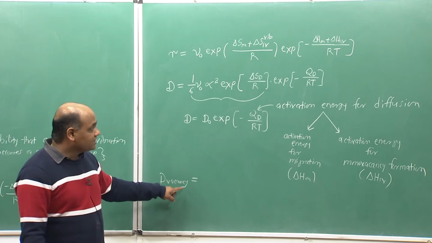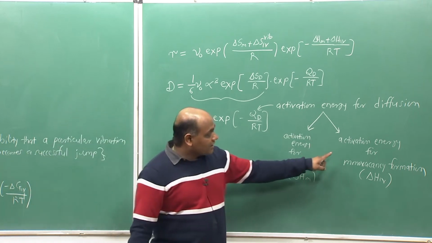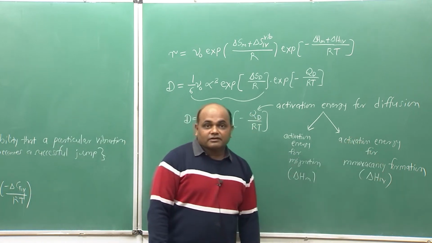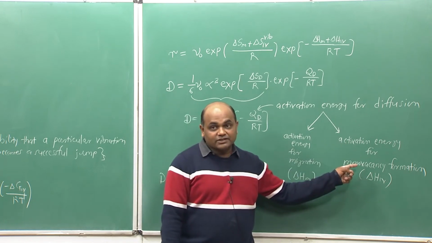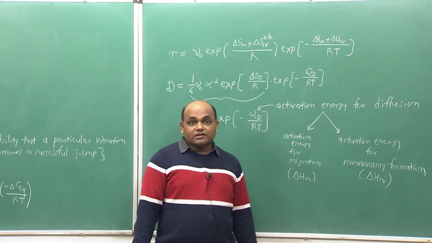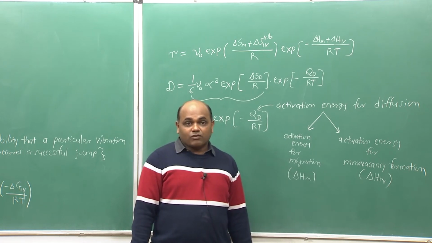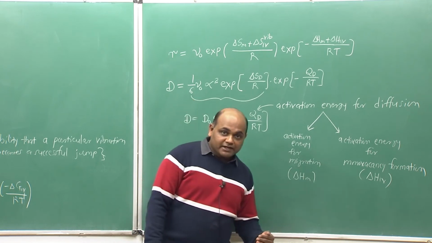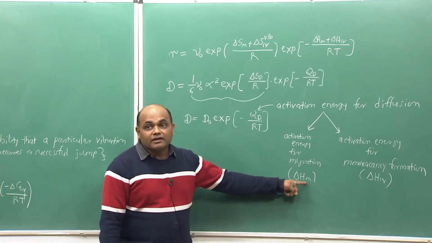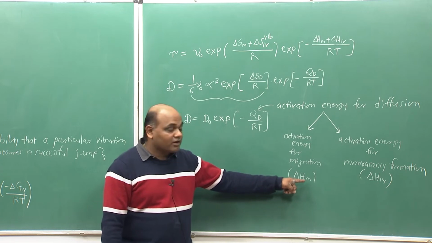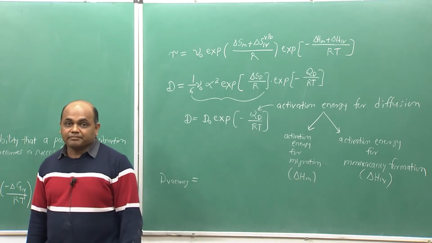So, for vacancy diffusion, the second contribution, or the second condition that the next site should be vacant, is not required. The only barrier to the diffusion of vacancy comes from the activation barrier for migration of the atom.